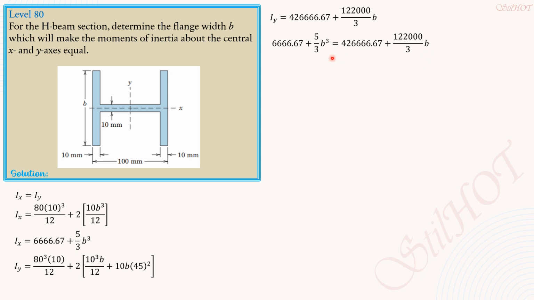Then simplifying further, 5/3 b cube minus 122,000 over 3 b minus 420,000 equals 0. Using your high-tech calculator and considering only the positive root, b is equal to 161.1 mm.